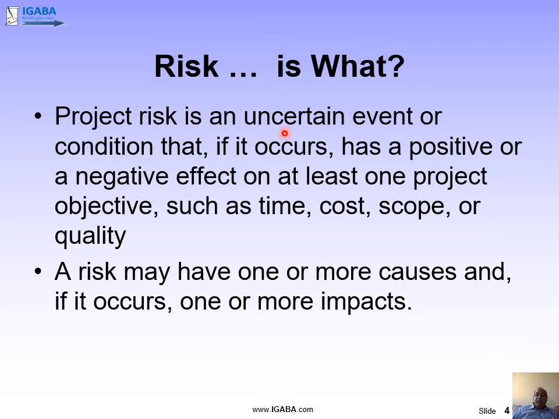So risk might be a positive event, which we call an opportunity, or a negative event, which we call a threat. So you might think of risk as two types. It might be an opportunity or a threat. But either type is something that might or might not happen. It's uncertain.